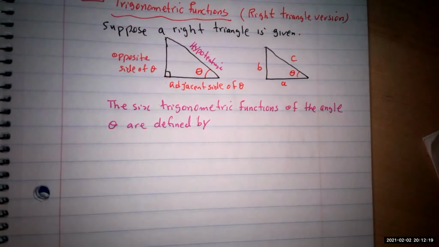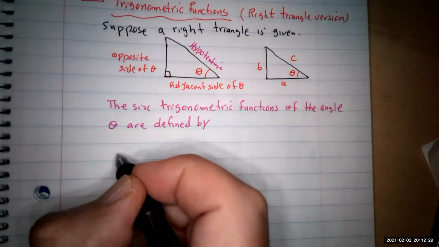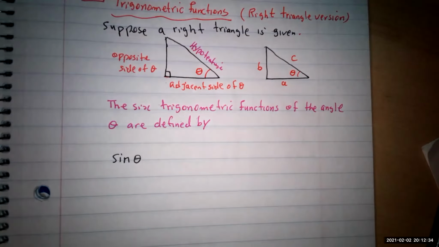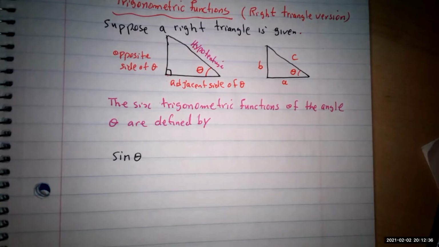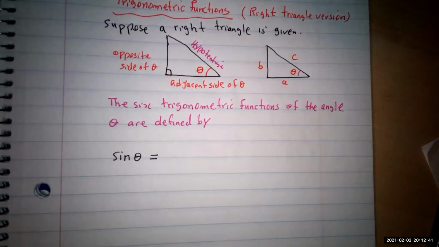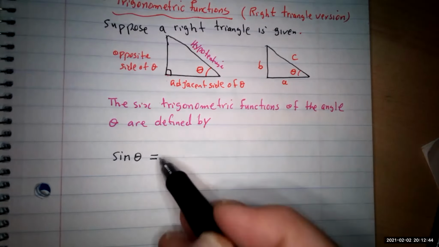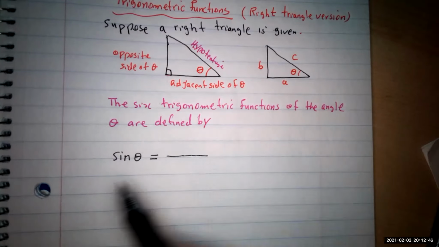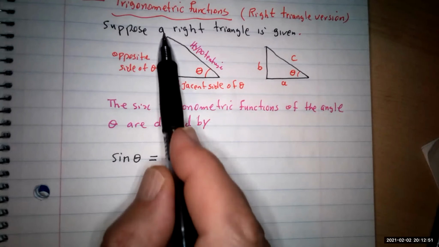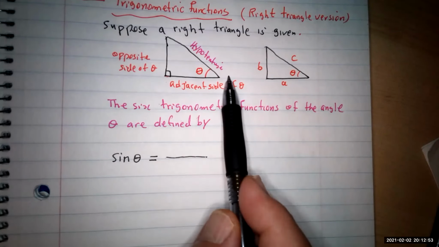Now you need to define 3 of these functions. The first function is called the sine function. Sine, S-I-N, sine of theta. The sine of theta is going to be the ratio of the opposite side divided by the hypotenuse.